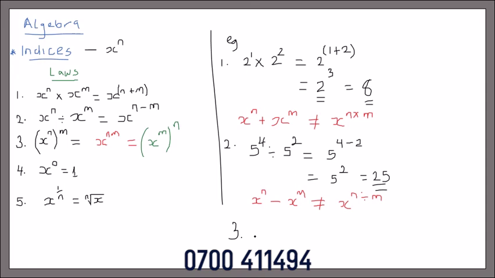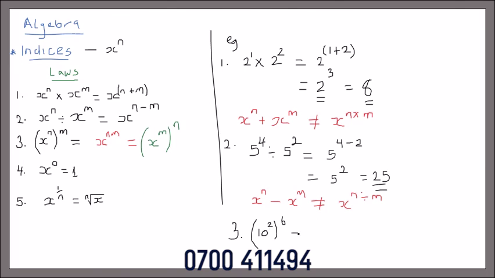Example 3. If you have, for example, a 10, and then this 10 is squared, and then it is powered by a 6. In this case, our n is 2 and our m is 6.